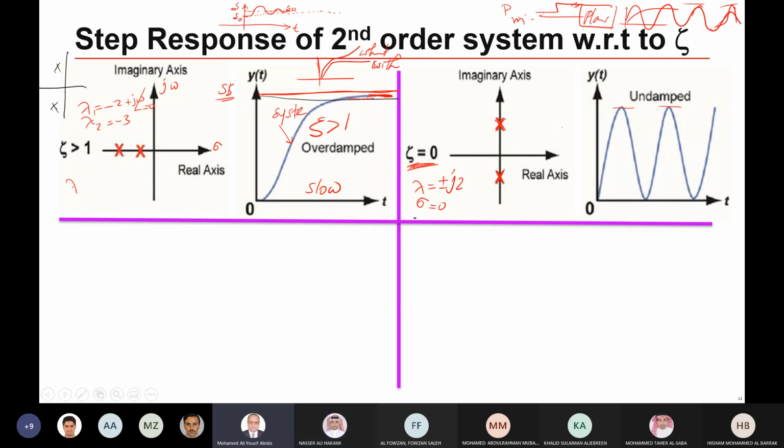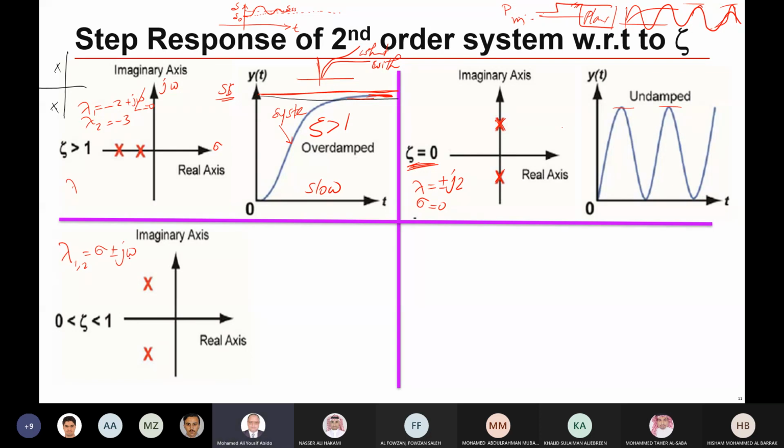Okay. So this is the case. You have here the undamped case, zeta equal to 0. For this case, which is the stable case, you can see you have some damping, lambda 1, 2 equal to sigma plus minus j omega. So we have an oscillation, and we have here the imaginary part of the eigenvalue.